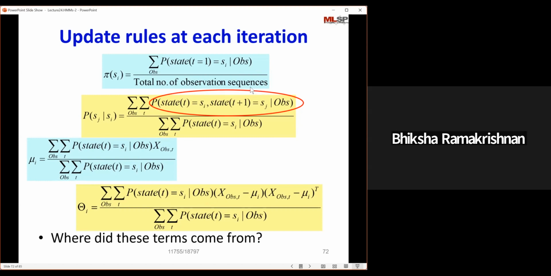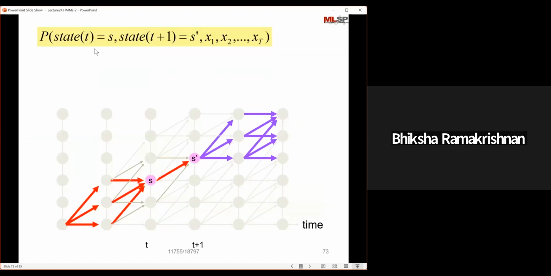How do I compute that? That's proportional to the probability of being in state S at time t and going to S prime at time t+1 and the entire observation sequence. That's basically the probability of this portion of the trellis. How would you compute this? Anyone? How could this be computed?